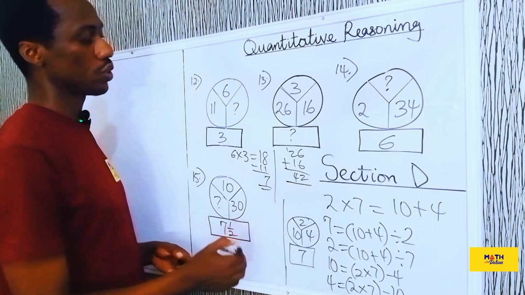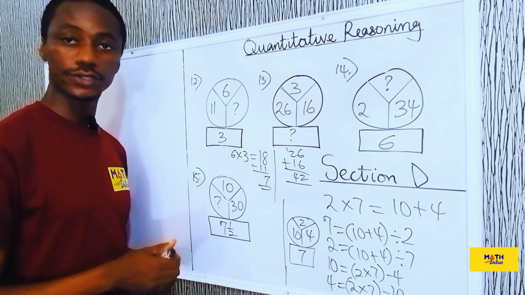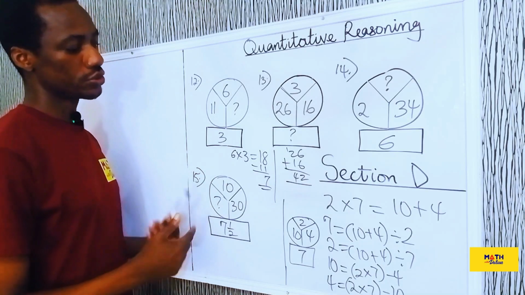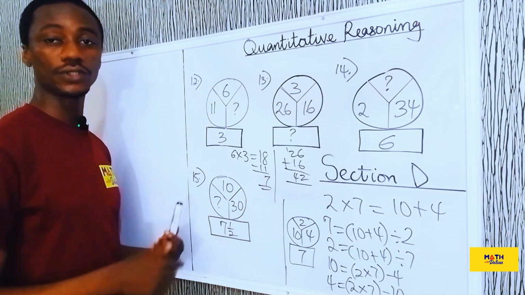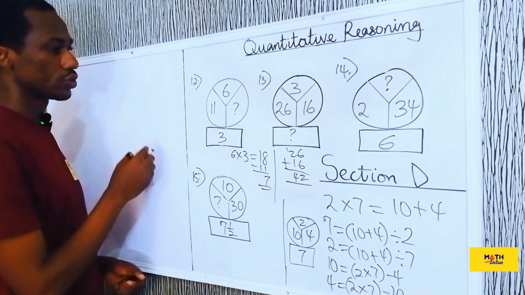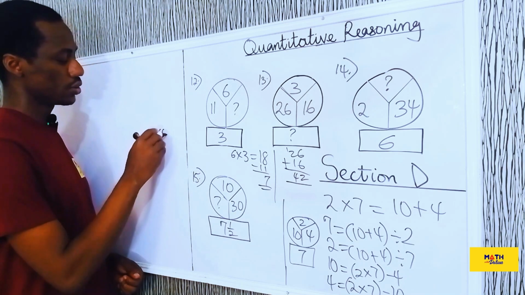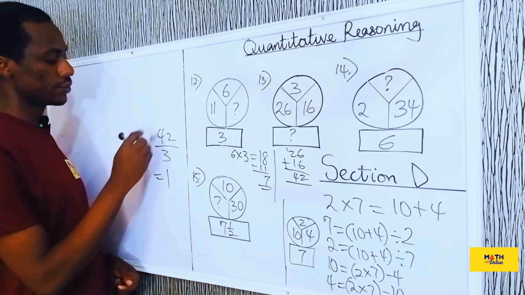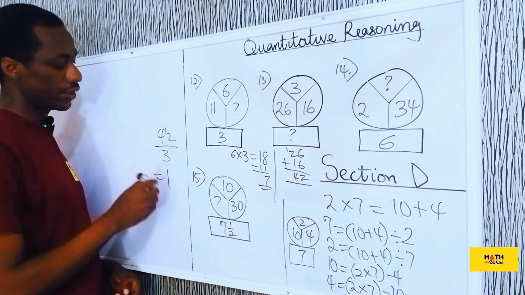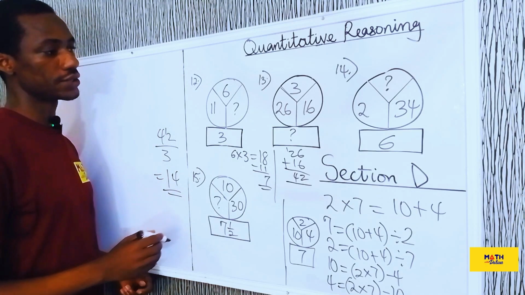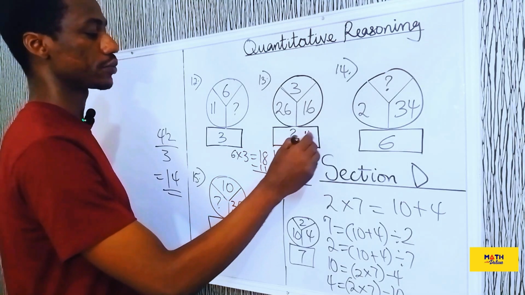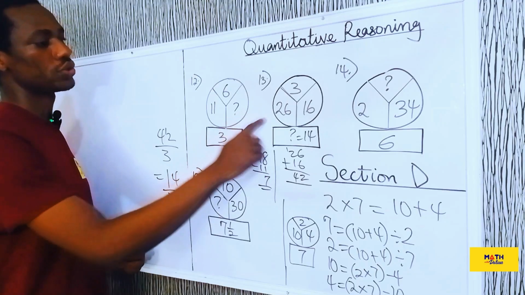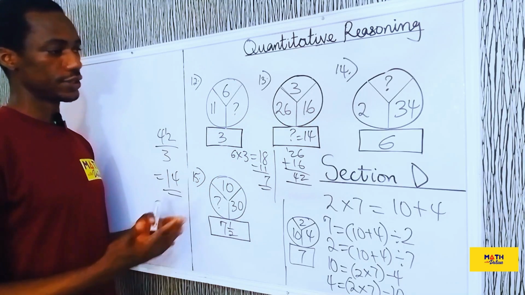So that's 42. Since this plus this is 42, 3 times this will also be 42. So we divide 42 by 3. 3 goes into 4 once, remainder 1, and then 3 into 12 is 4. So the answer is 14. 3 times 14 is 42, and 26 plus 16 is 42.